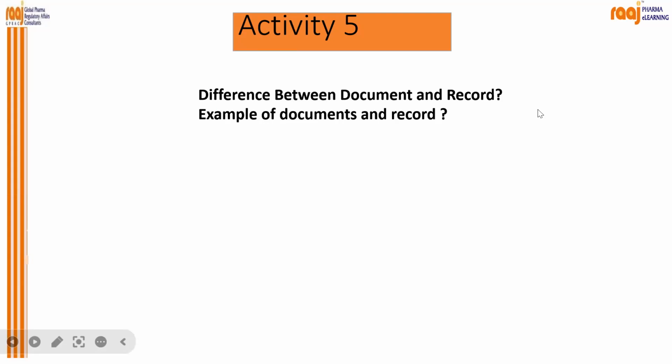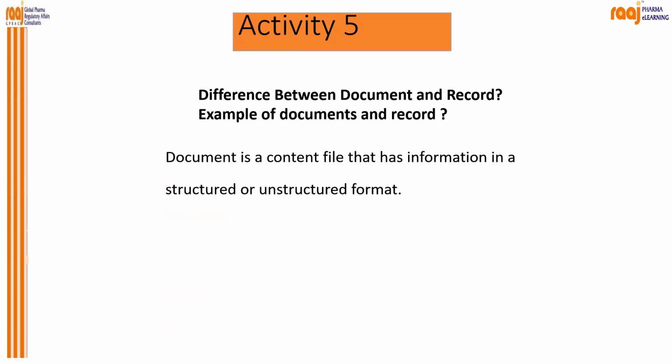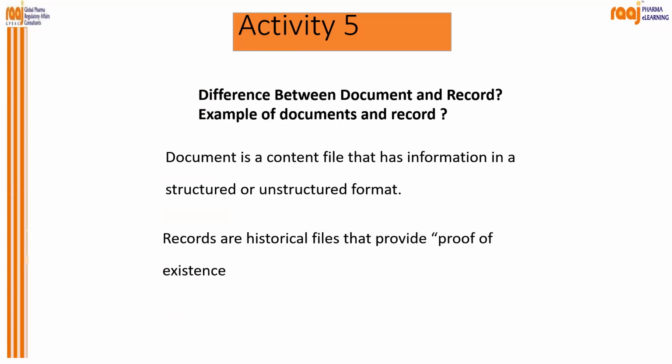Filling the record, filling the documents is a record. Generation of a procedure is a document. Correct. So the document is the content file that has information in a structured or unstructured form. Records are historical files that provide proof of existence.